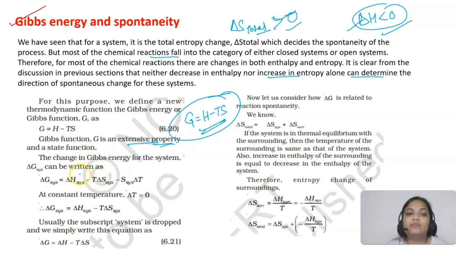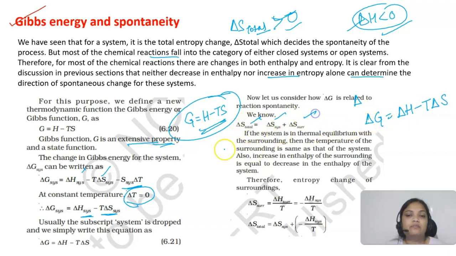So delta G will be delta H minus T delta S minus S delta T, and you know at constant temperature delta T would be 0, so delta G will be delta H minus T delta S. Okay, so we can simply write that delta G will be equal to delta H minus T delta S. So delta S total will be delta S system plus delta S surroundings.